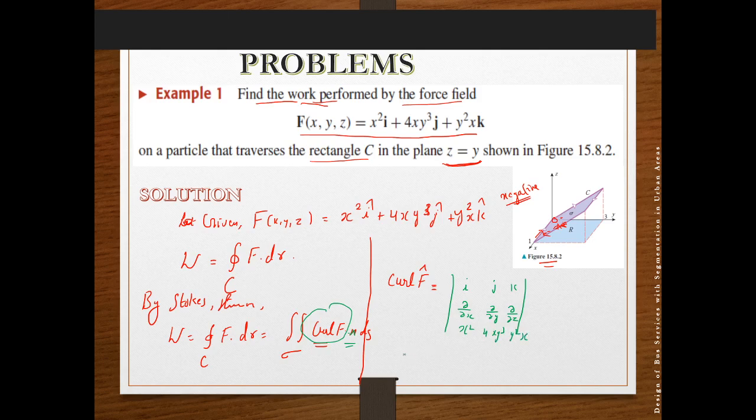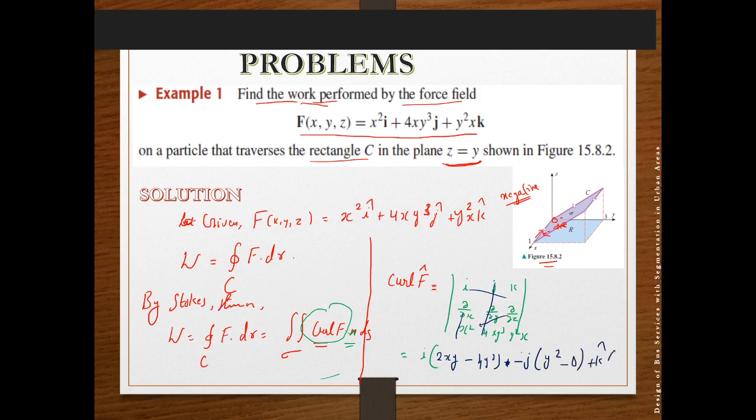So if you find the i component: del by del y of y squared x, that is 2xy, minus del by del z of 4xy cubed, which is 0. Then minus j times del by del x of y squared x, that is y squared, minus del by del z of x squared, that is 0.